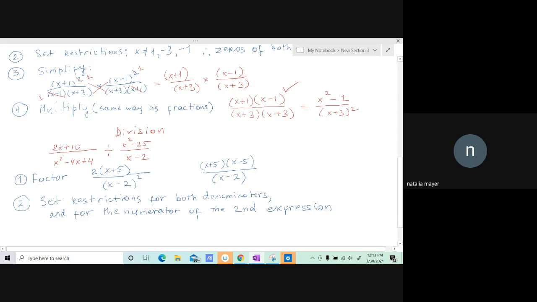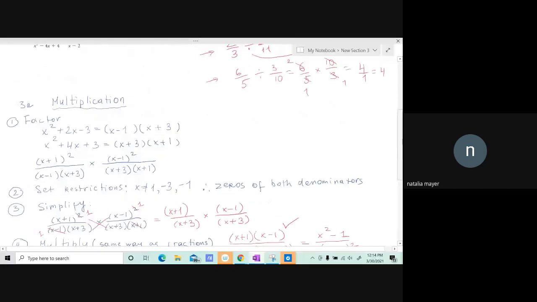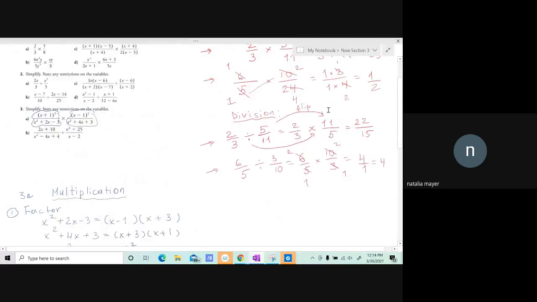No. This is a general statement. It doesn't matter how the expressions look. It will always be true. Why? Because what will happen when we try to divide them? What will we do to the second expression? What did we do to the second fraction when we were doing fractions?